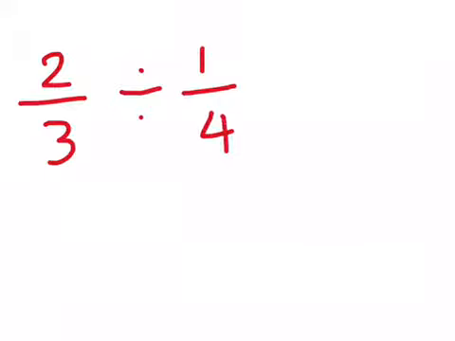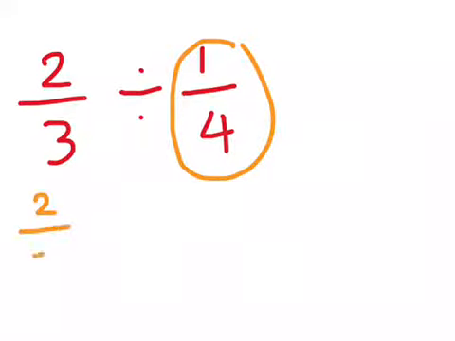So let's practice. Alright, let's say we have 2/3 divided by 1/4. I am saying how many quarters fit into 2/3. Let's follow my steps. First fraction stays exactly the same.